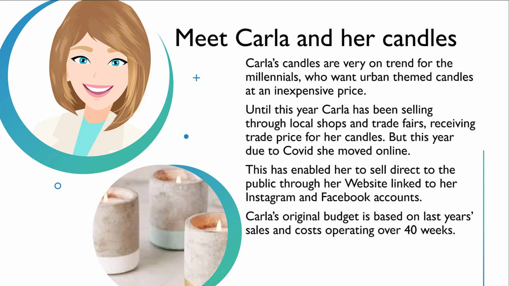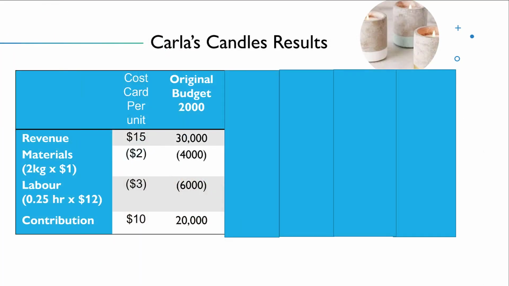So that's just setting the scene. This is the narrative that you're going to need for when you're explaining why the variances are what they are. So now let's have a look at Carla's candles results. You're seeing at the moment her original cost card and an original budget. Now the original budget, as I said before, goes out the window unless you're doing the sales volume variance. But you do need the cost card.